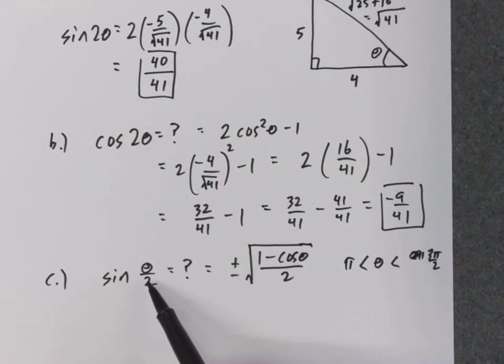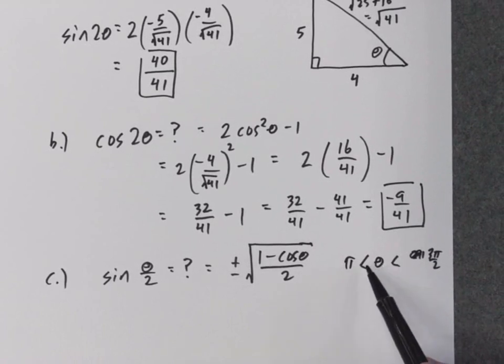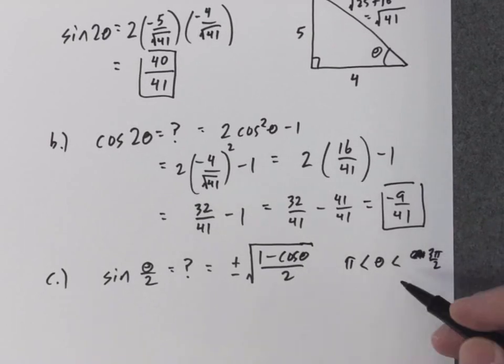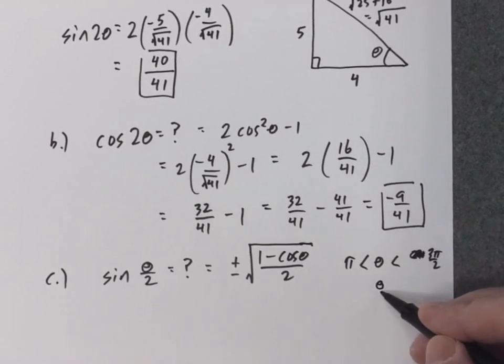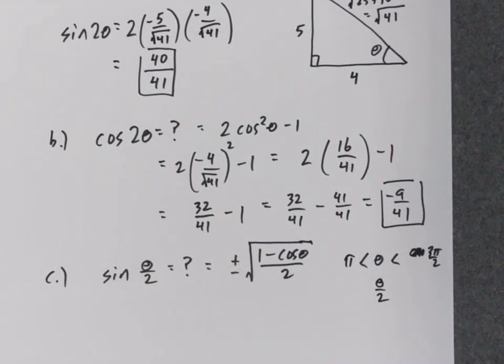If I was looking for the sine of theta, well, I know theta would be in quadrant 3, because theta is between pi and 3 pi over 2. However, I want to know about theta over 2. Which quadrant is theta over 2 in? Because once I know the quadrant of theta over 2, that's going to determine whether my answer is going to be a positive or negative number.